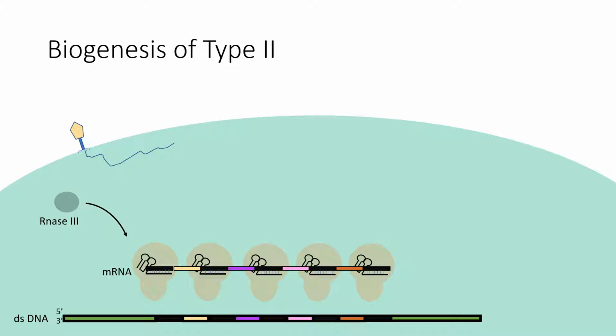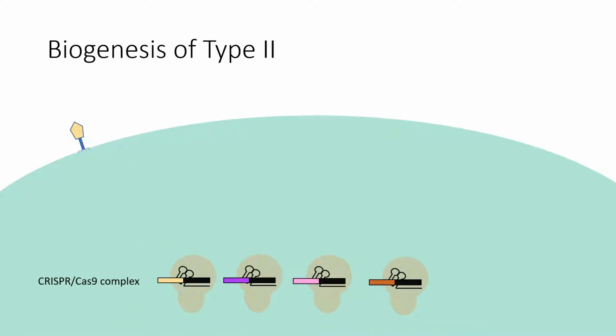Because we have this giant long mRNA, we don't want that. We want short complexes of this repeat sequence and a spacer. So we have RNase 3 in the bacterial cell that gets recruited, and then it cuts. Now we have these little fragments of complexes which have a spacer.